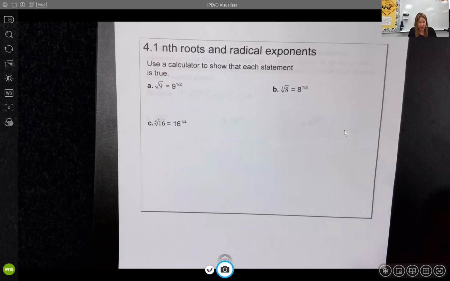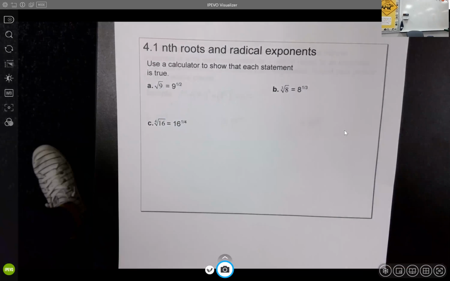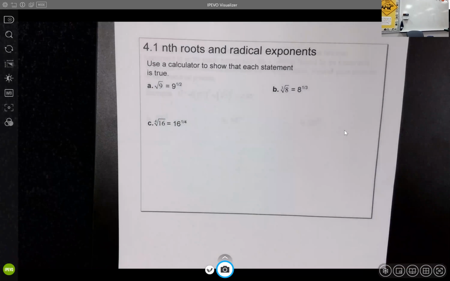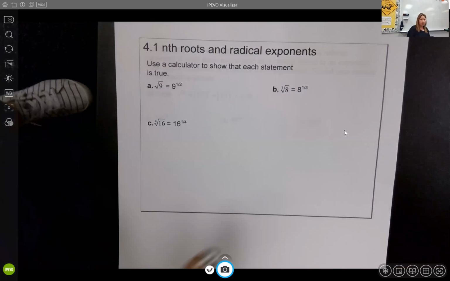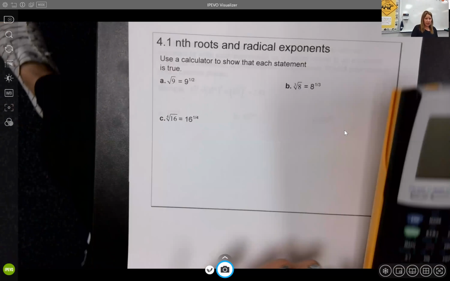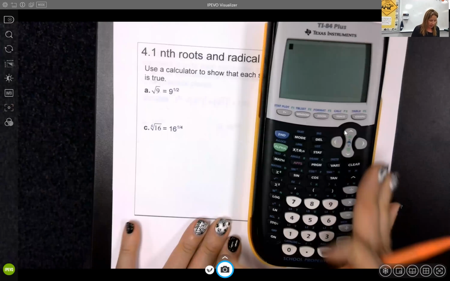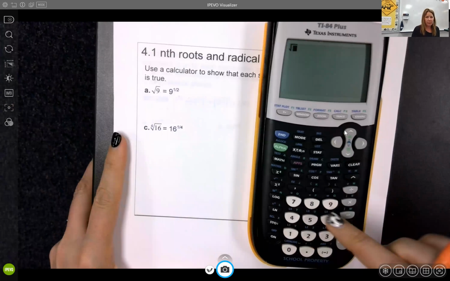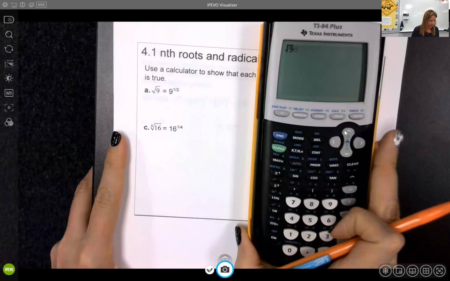I'm going to get my calculator. Okay, so we're actually going to do this without a calculator today, but we're just proving. If I put the square root of 9 in my calculator, I get 3.